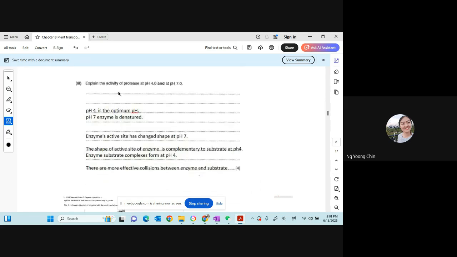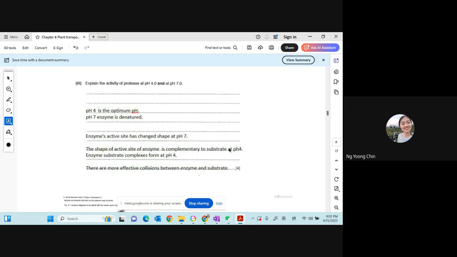Now they ask you to explain the activity at pH 4 and pH 7. At pH 4, you have the highest rate of enzyme reaction because pH 4 is the optimum pH. At the optimum pH, there is the highest number of enzyme substrate complexes formed, because the shape of the active site of the enzyme is complementary to the substrate.